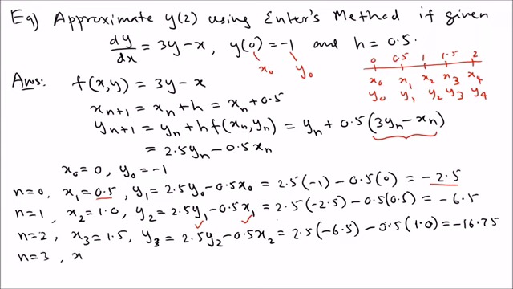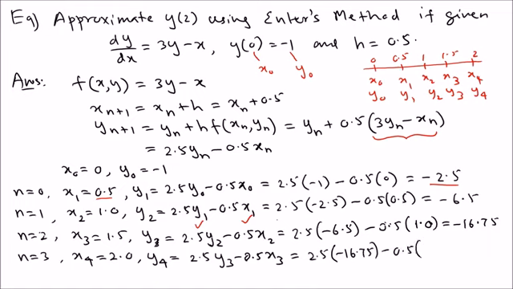You get x4. That's exactly the number we want. y4 is the value we are looking for. Again, it's the same formula. It is 2.5 y3, we know that, and then 0.5 x3, we also know that. So let's plug in there. You get 2.5 times negative 16.75 minus 0.5 times 1.5.